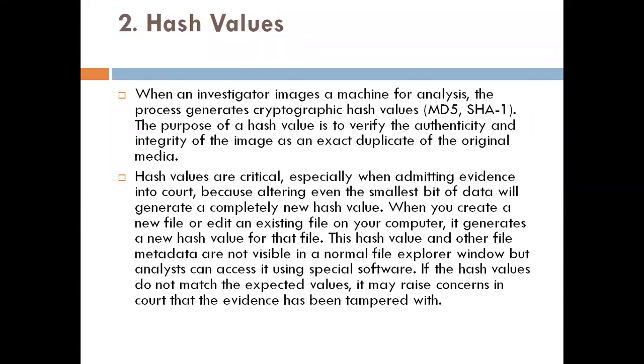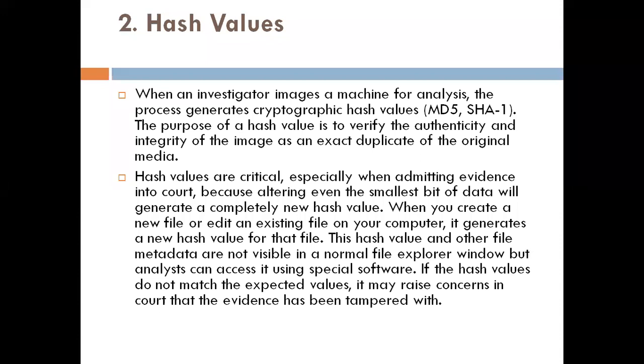Next, going to the hash values. Let's go into the hash value. Just before, we discussed disk imaging. From that, in the second stage, the investigator takes the image for analysis, then uses a cryptographic hash value, MD5 and SHA-1.